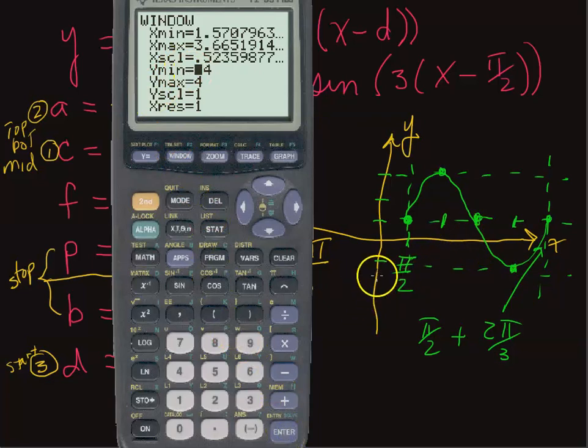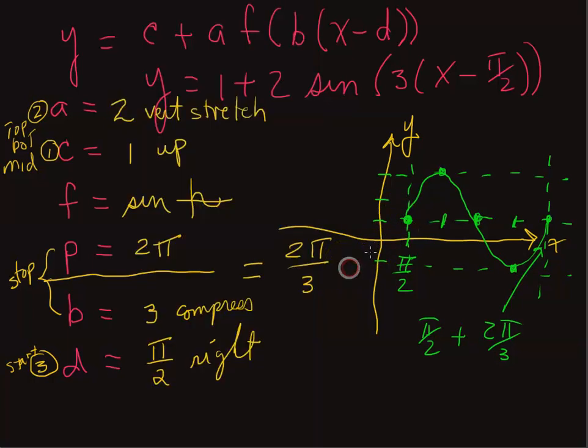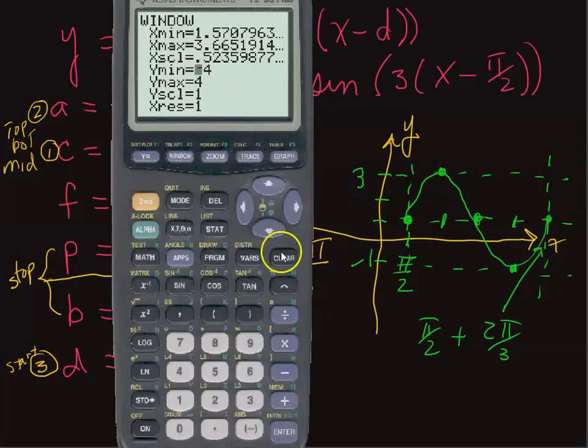What is the y minimum? Well, this is -1. I didn't write that in there. Should write that in there. Up to 3. So, let me put this back up. -1 is the lowest value, up to 3.